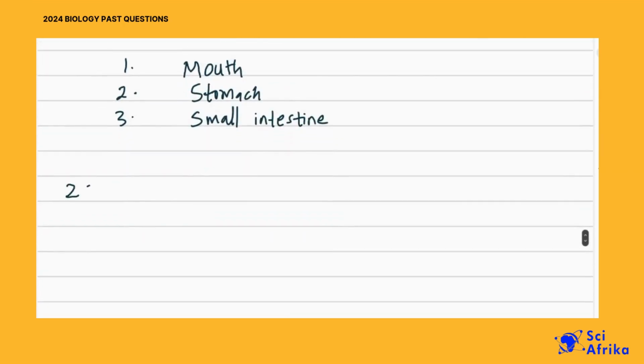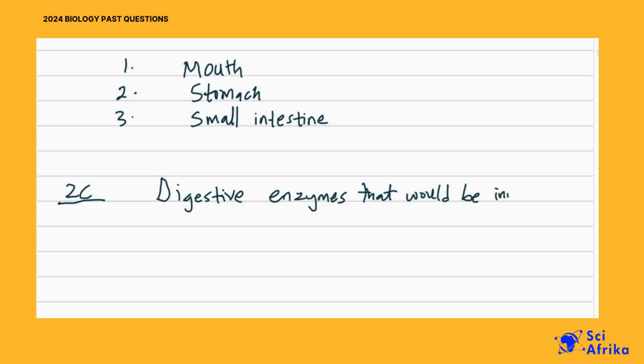So question 2C is the next one. This is a WAEC Past Question, Biology 2024. We are supposed to mention the digestive enzymes that would be involved in the digestion. Number one, ptyalin.